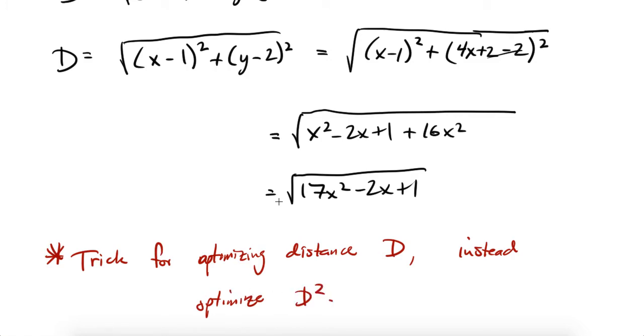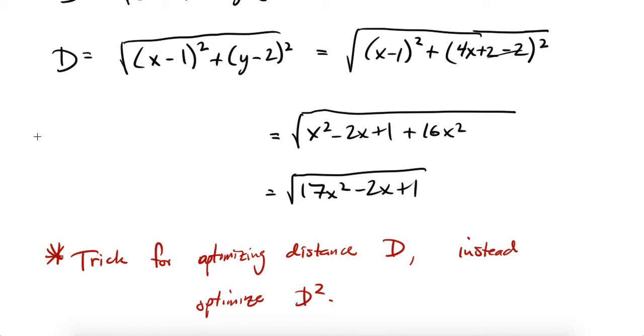And effectively what I'm saying here is I don't have to worry about the square root. And if you think about this for a little bit, you might believe that it's true, right? Because distance is strictly positive, okay? So if I take something that minimizes my distance, then I'm also going to be minimizing the square, right?